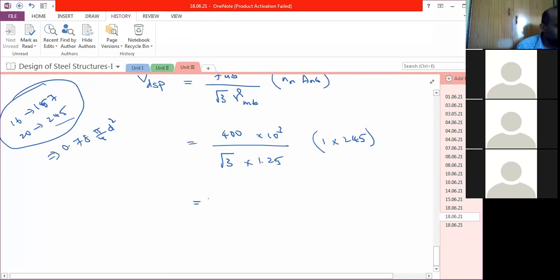Calculate and tell me. This 10 power minus 3 we should not use.